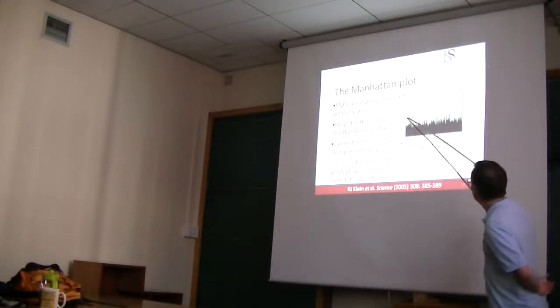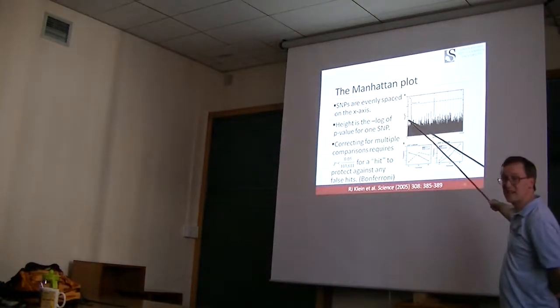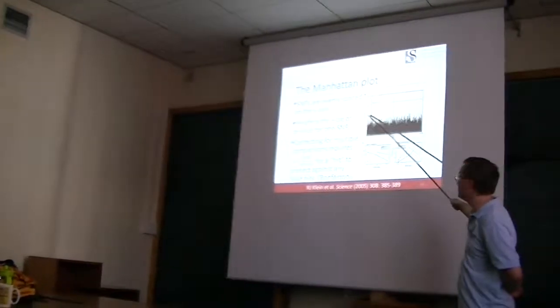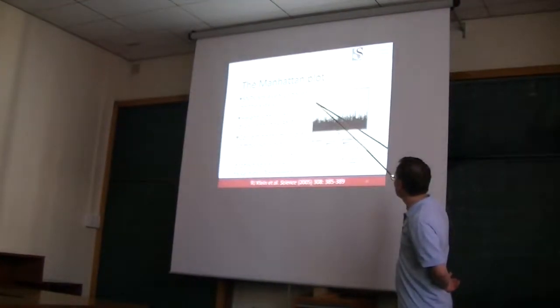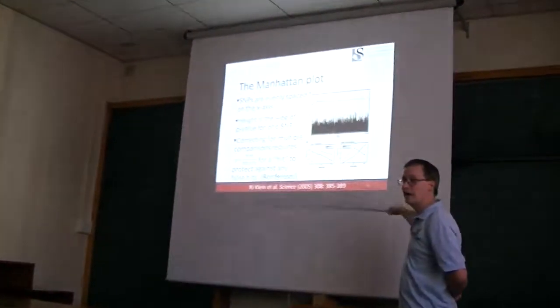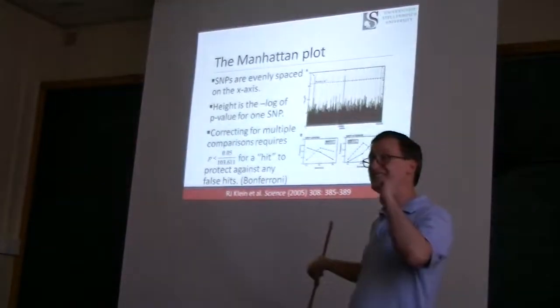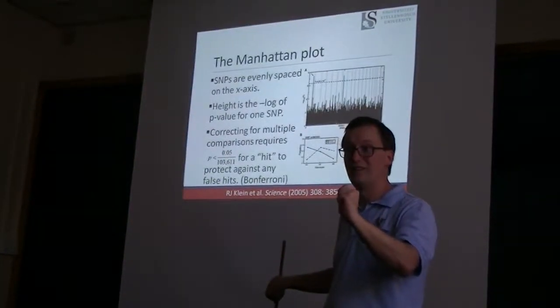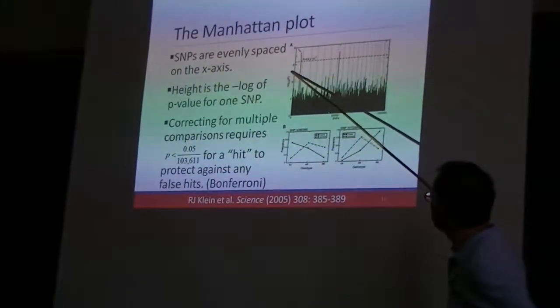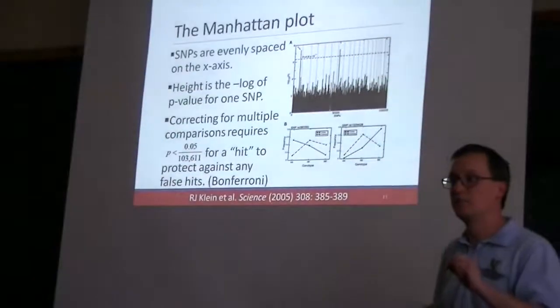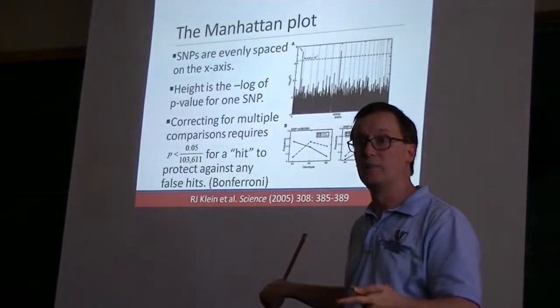So when you see that this is a log base 10 scale on which we're plotting these p-values, getting a score of 6 rather than a score of 5 means that the p-value was 10 times as low. The difference between 5 and 4 is 10 times as low.